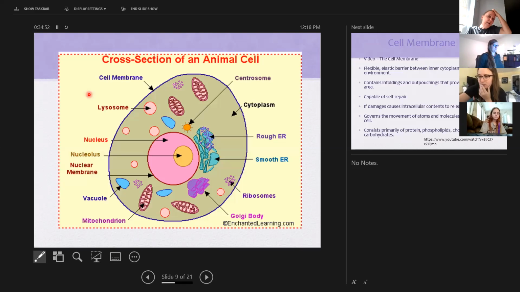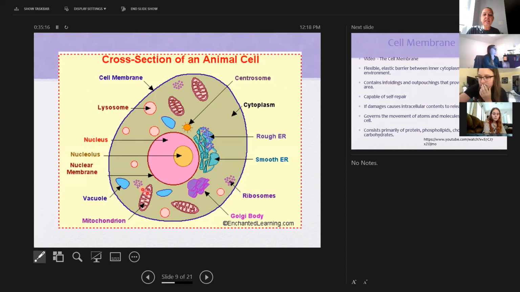So here we have a picture of an animal cell, a mammalian cell. Remember, plant cells look completely different. Plant cells have a completely different makeup. They have a different function. We're looking at mammal cells. Here we have the skin of the cell, our cell membrane.